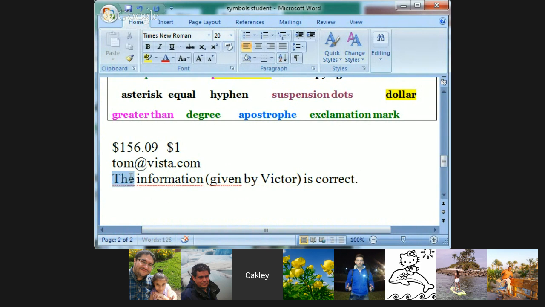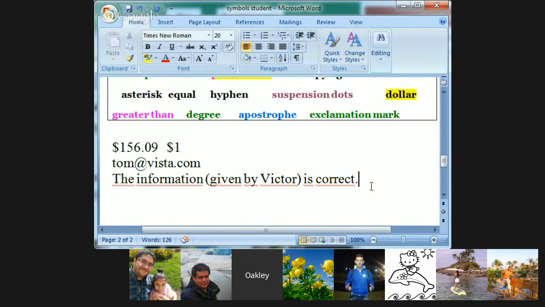Okay. Now, how would you say this sentence then? You can use two ways to say this phrase. For example, the information is correct, or you can say the information given by Victor is correct. Now, when we see parentheses like you're reading, we often say the parentheses information in a lower voice, just so you know.